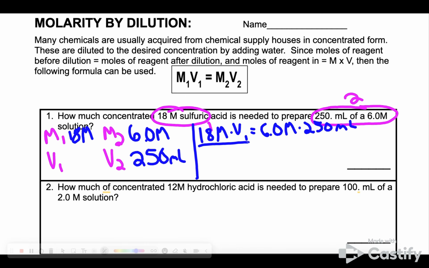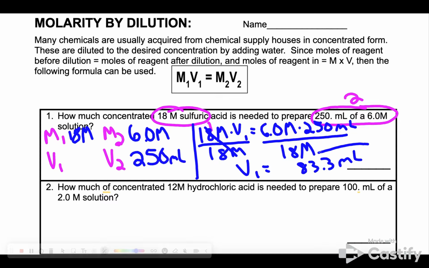I want V1 by itself, so I divide both sides by 18 molar. V1 is going to be the 6 times the 250 divided by the 18 molar. I plug that into my calculator and you end up with 83.3 milliliters as your answer.